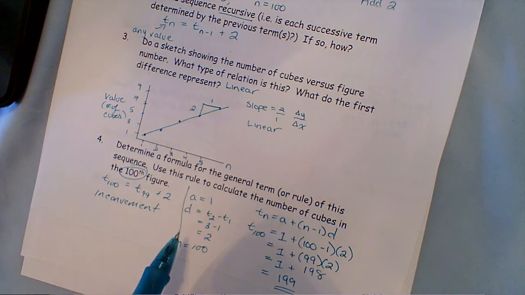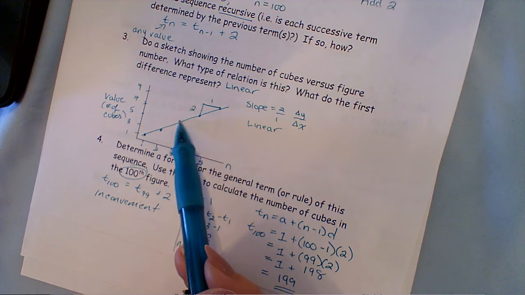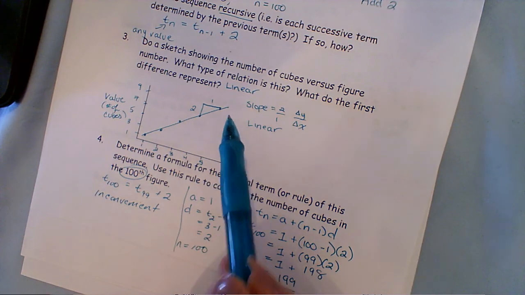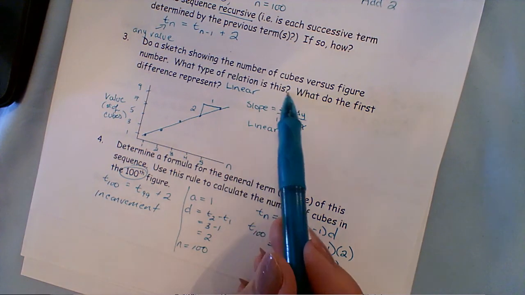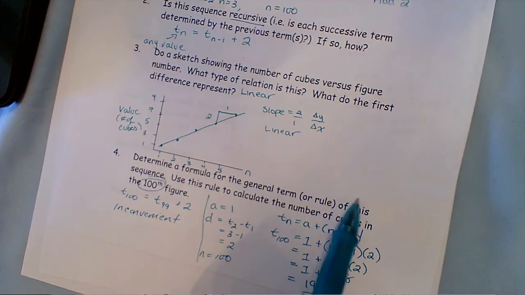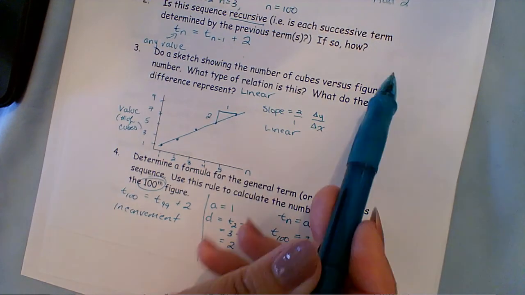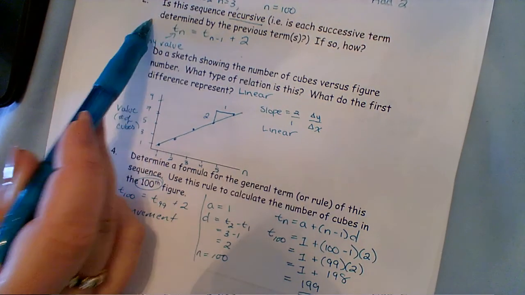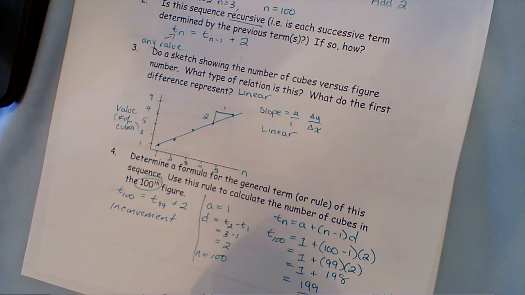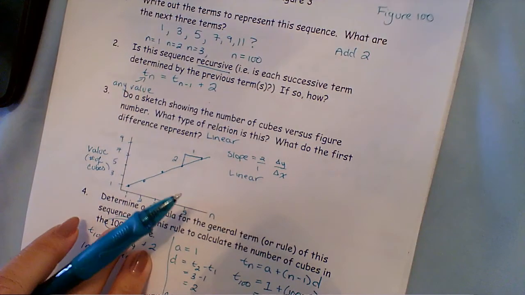It's like going to a particular XY point on the graph. Basically I extrapolated this line all the way to where 100 would be, and I looked up and said, oh, it's going to have 199 cubes. That's basically what I did. So it's a quicker way of doing that.